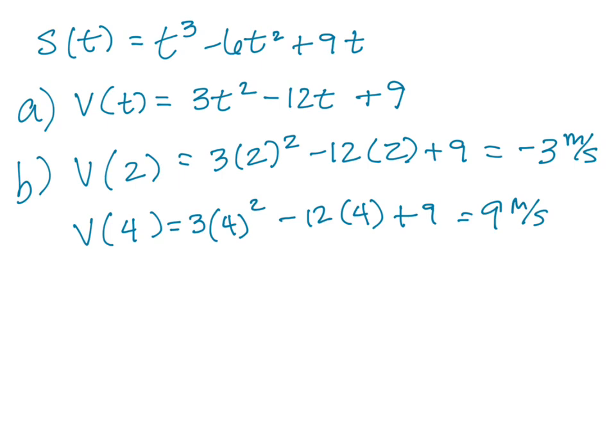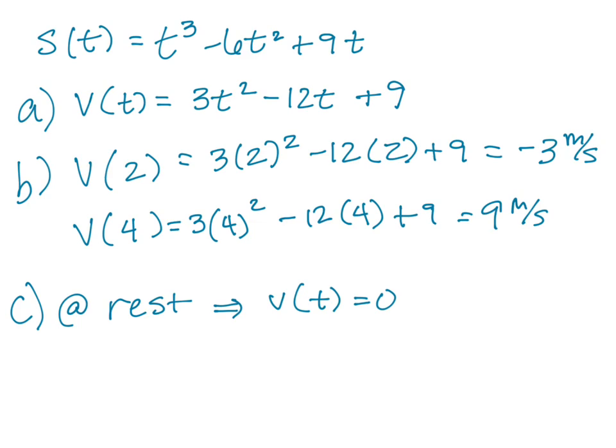Part C says find all times when the particle is at rest. So talk to me about what you know about a particle being at rest. Its velocity is 0, right? If it is at rest, v of t equals 0.